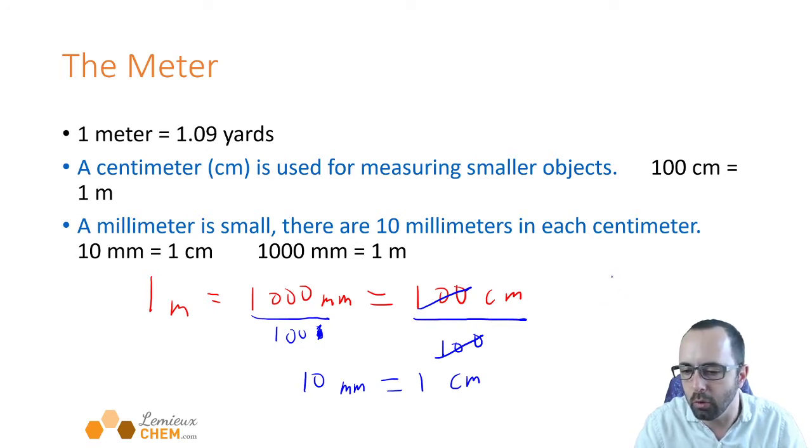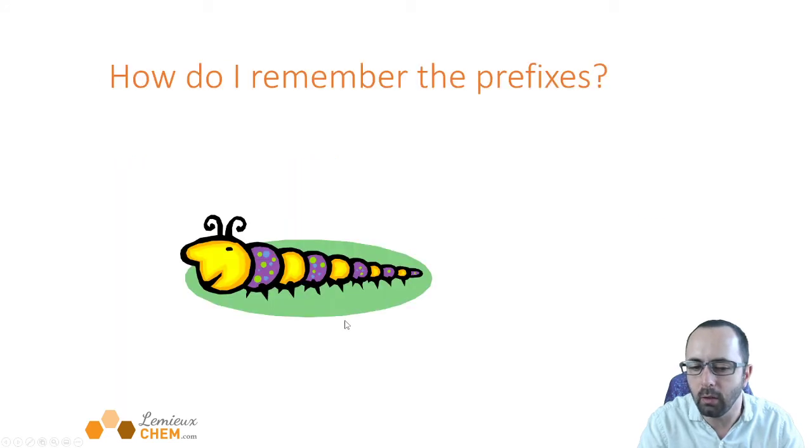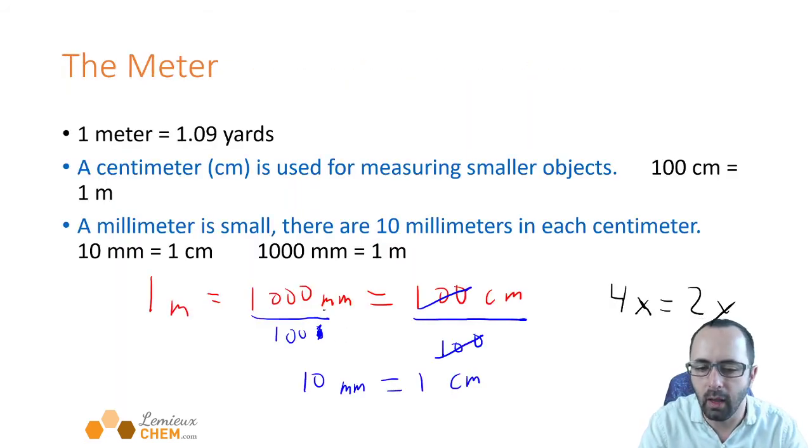So for example, on the side here, let's say that we had this situation. We had 4x equals 2y, and you're in your algebra class. Well, your millimeters and your centimeters are like your x's and your y's, okay?